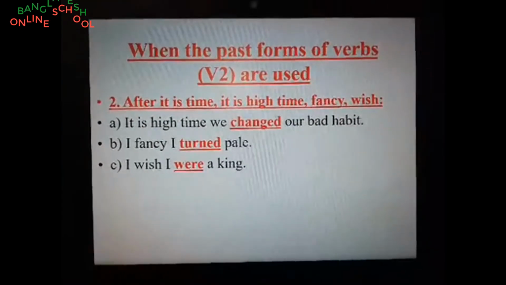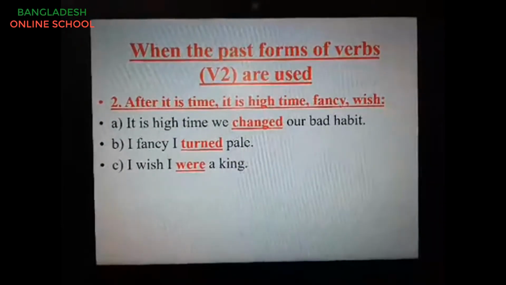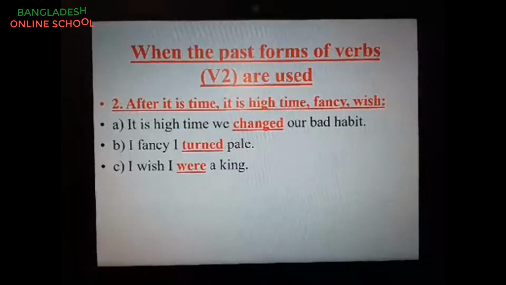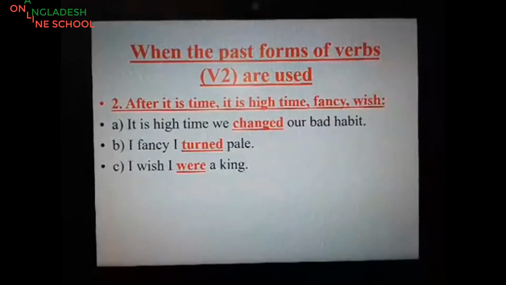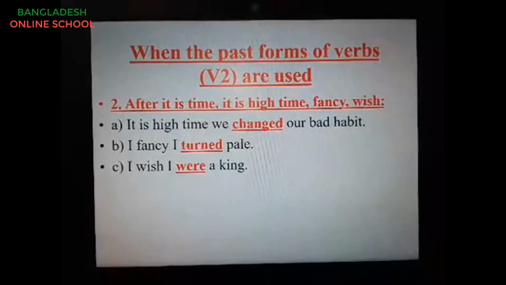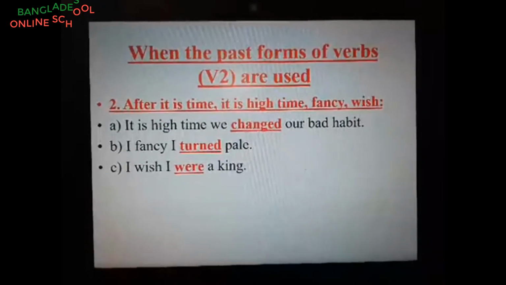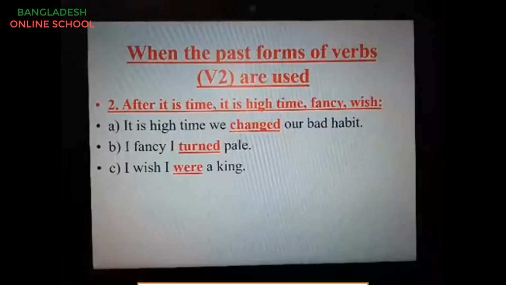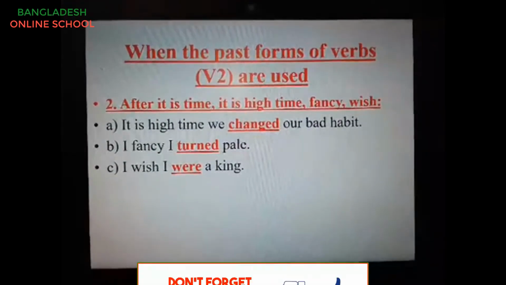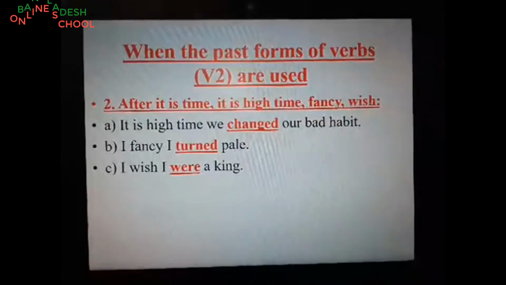Okay, I think you could understand. If you have any query, you will write your comment in the comment box. These are two techniques to use right forms of verb to solve the problems regarding right forms of verb. Clear?